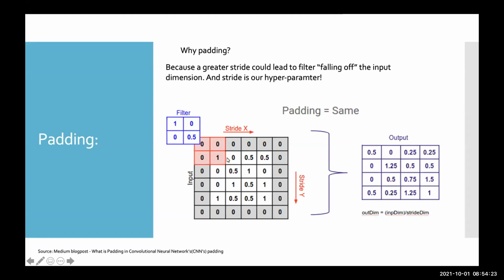And then a stride of 3 would go to here. But if there was no padding here, there's no way our kernel could have moved to here. Does that make sense to everyone?